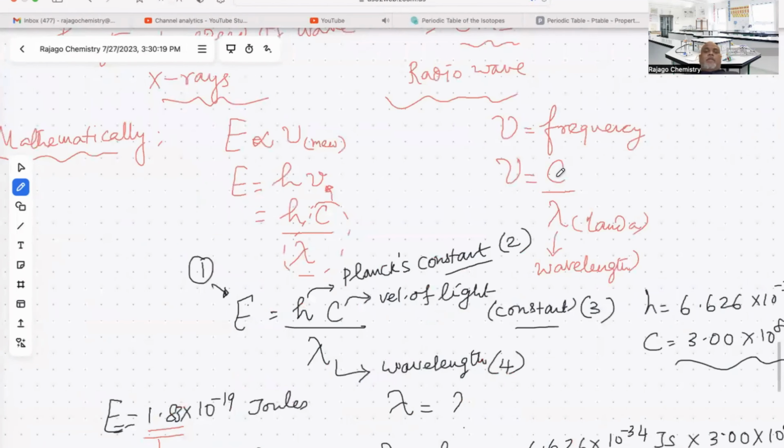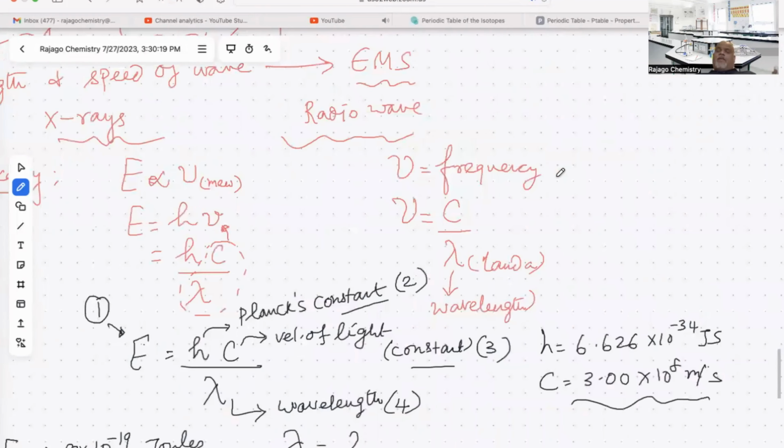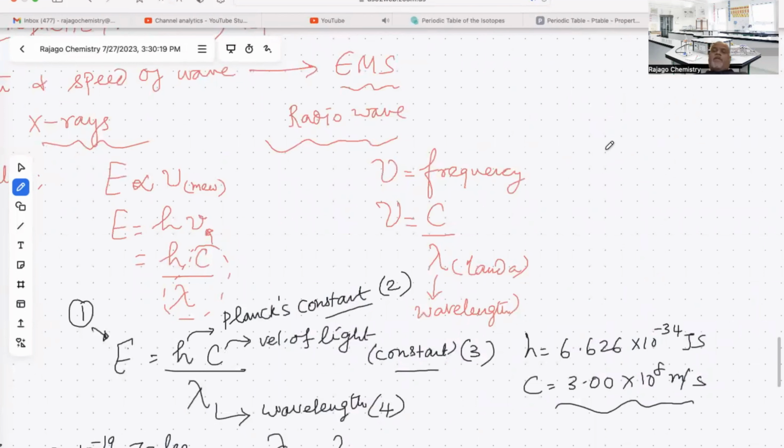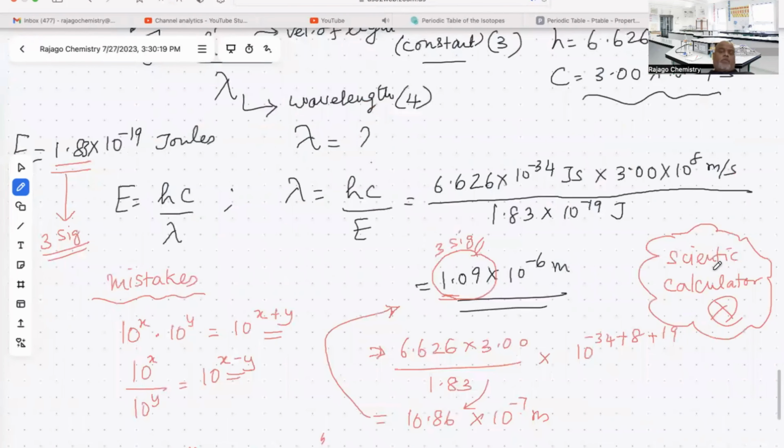waves are connected to this, because each and every wave, they emit energy in the form of photons, called pockets of energy. Okay. So we are going to go over this in photoelectric effect later, but initially these are the ones that you have to know.